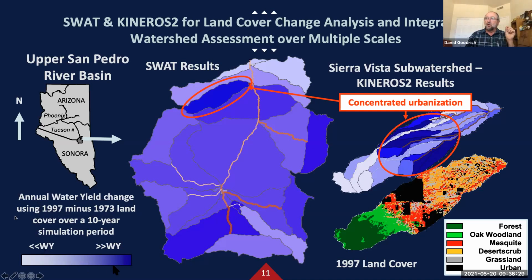And the darker the blue, the more annual water yield. So we can run SWAT and see, well, this area is producing a lot of runoff. And if we want to know more details about that, we can further discretize the model and apply KINEROS. So we're going to take this watershed, rediscretize it to a finer level and apply the KINEROS model with the design storm.